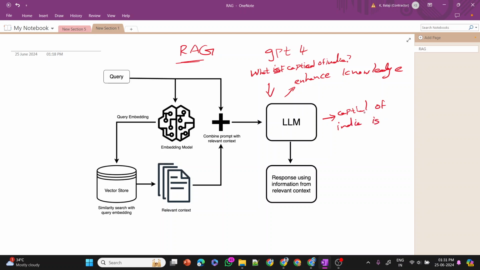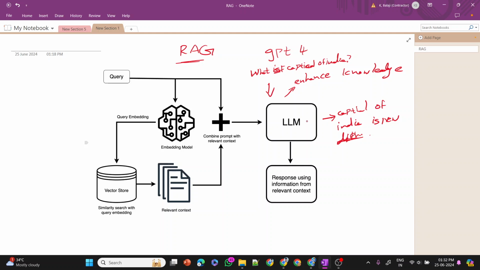It can easily respond to these questions because this ChatGPT LLM model is trained on internet data.